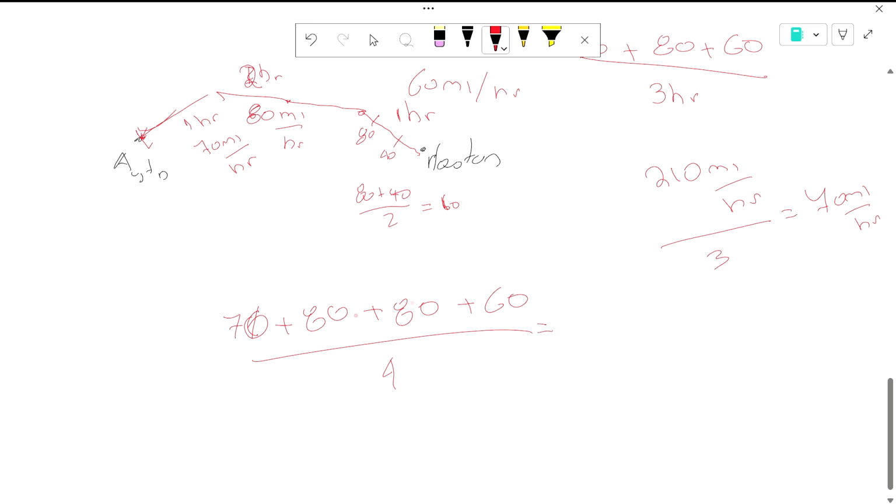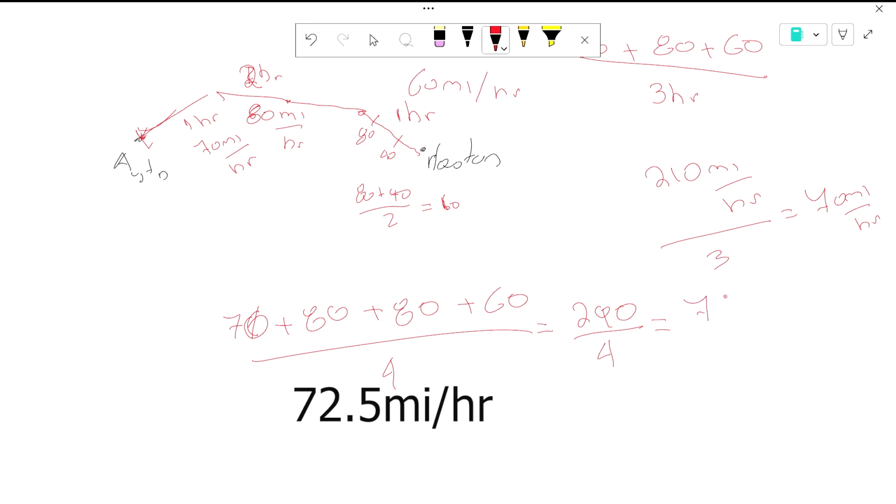Okay, and 80 and 80 is 160. 160 plus 60 is 220, plus 70 is 290, divided by 4, which is around 75.5, approximately 76 miles per hour, or 75 point something, right? Whatever this number is, you can use a calculator. So this first trip was 3 hours, and we're going at 70 miles per hour. The second trip is 4 hours, going at 75 and change miles per hour.